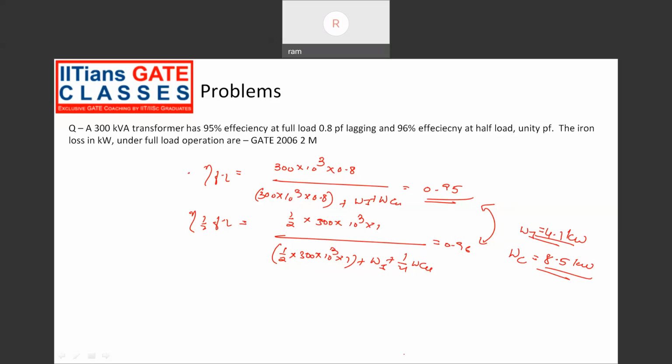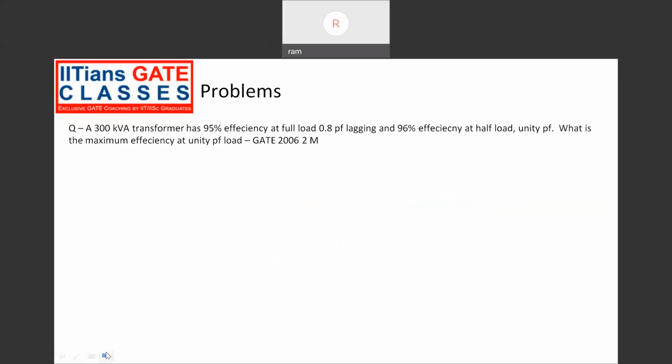Okay, let's go to the next question. Actually, this is a continuation of the earlier question. They're asking us to find the maximum efficiency at unity power factor load.